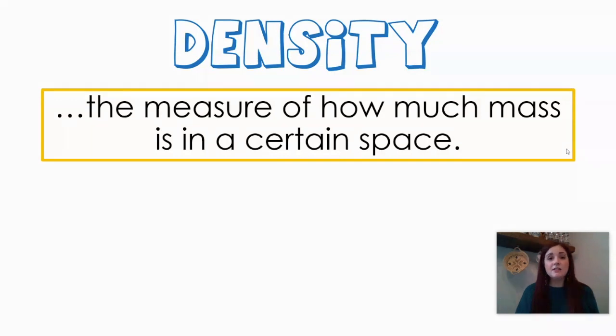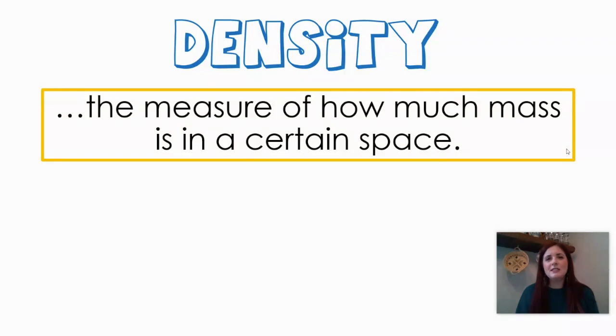However, you were asked to find the one that was the heaviest of the four and put that in first. Because that had the most mass, given the amount of space it took up, that particular liquid had the highest density. And that's how we can determine how dense something is by looking at how much mass it contains per its given amount of space.